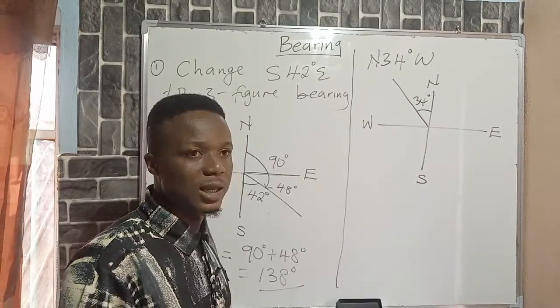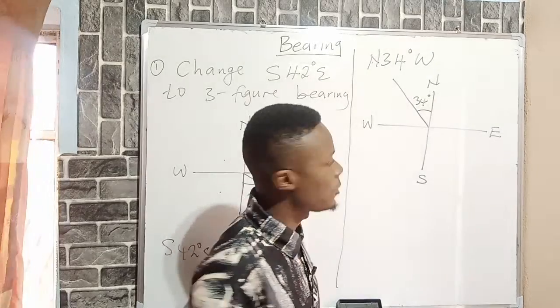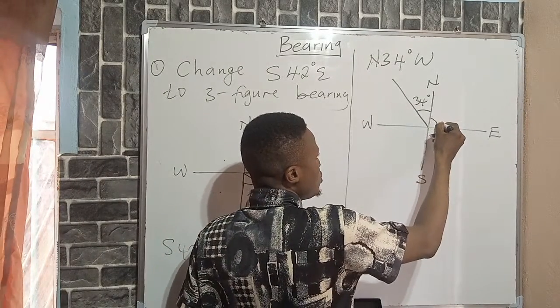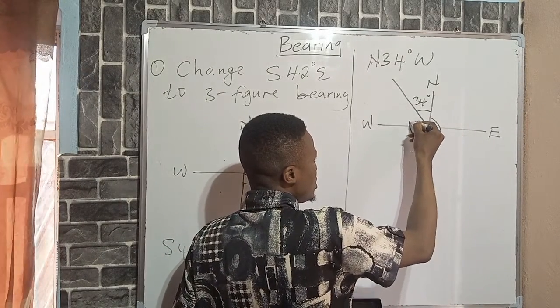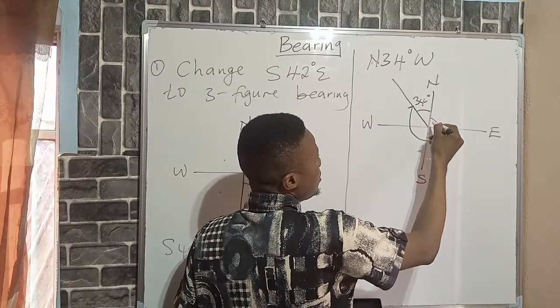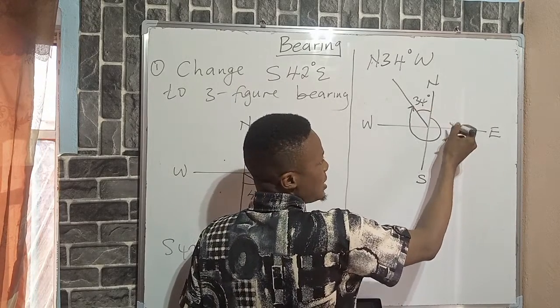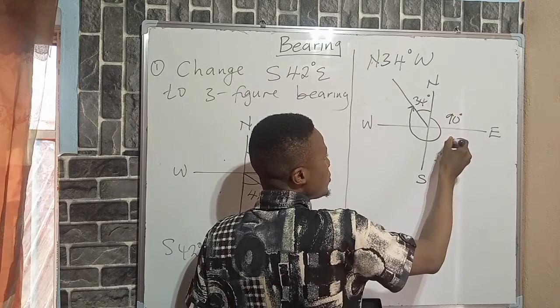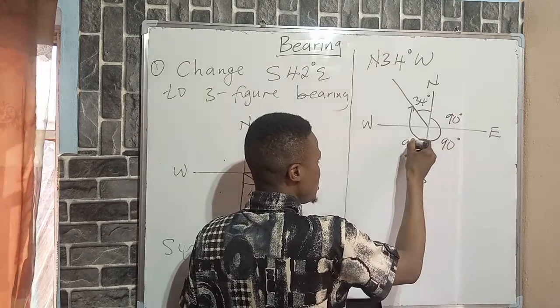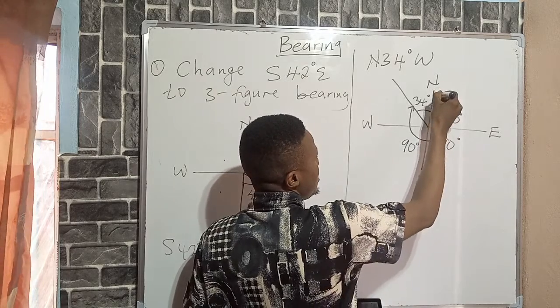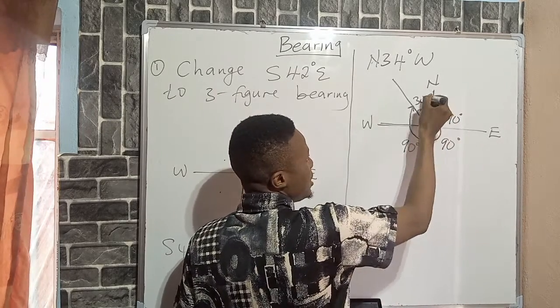So the equivalence in three-figure bearing means starting from the north, you begin to turn until you touch this line you've drawn. You stop. Remember, each quadrant is 90 degrees. So here is 90 degrees, here is 90 degrees, here is 90 degrees. This quadrant is 90, but we have taken away 34.